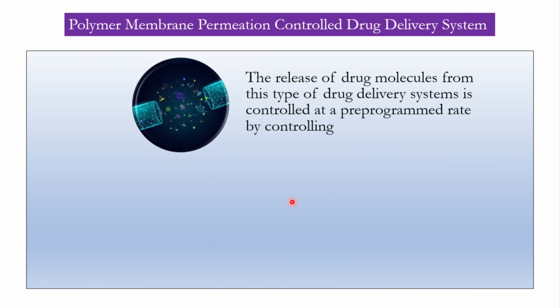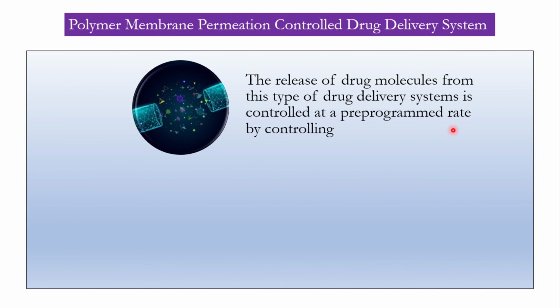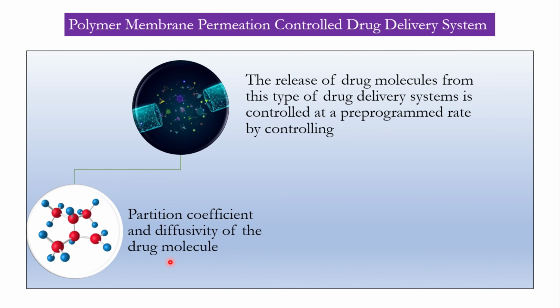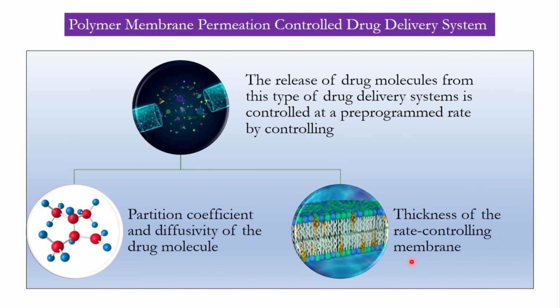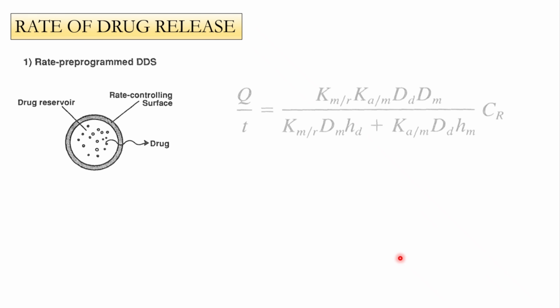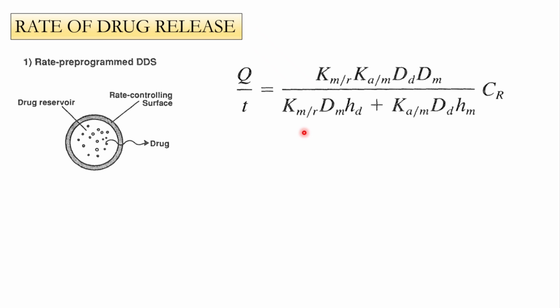The release of drug molecules from this type of drug delivery system is controlled at a pre-programmed rate by controlling the partition coefficient and diffusivity of the drug molecule and the thickness of the rate-controlling membrane. The rate of drug release is calculated by this formula.